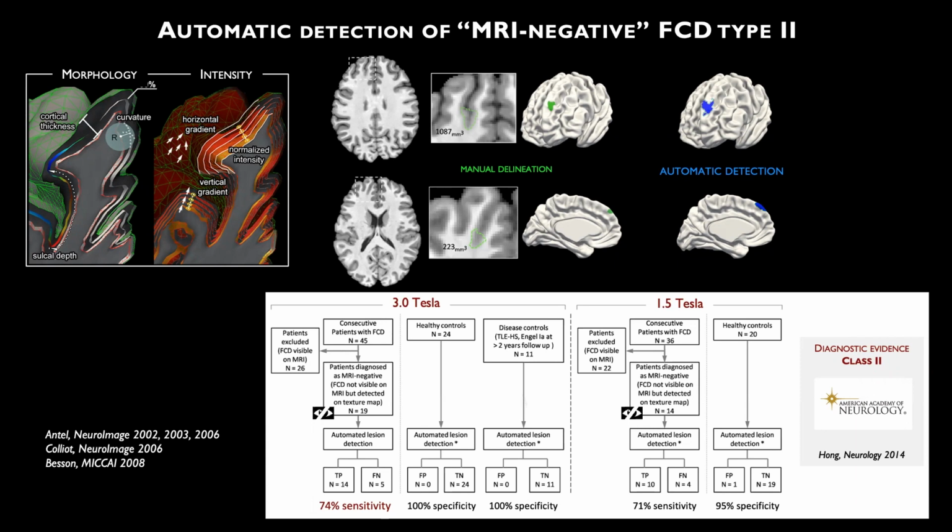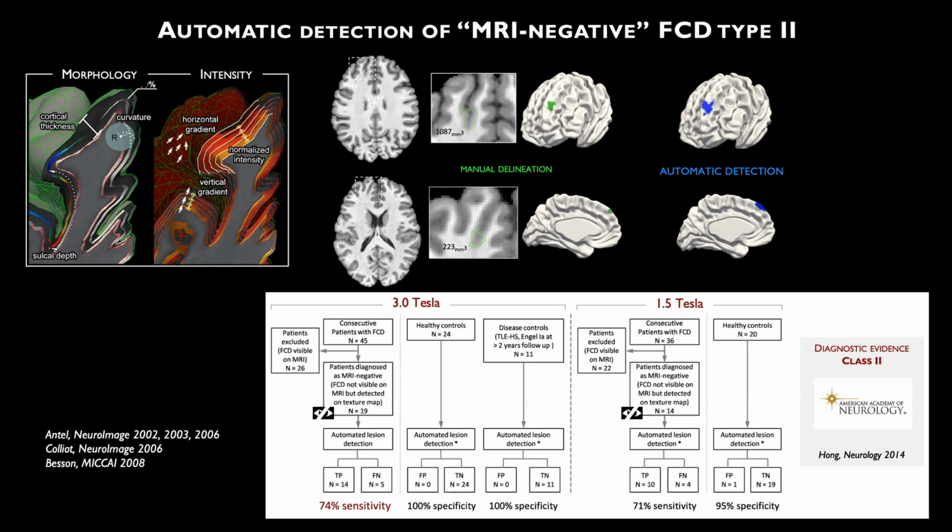Here are two examples of FCD lesions that were automatically detected. The lesions are outlined on MRI in green, and as you can see, they are very subtle. In fact, they were initially missed but found in the surgical specimen.